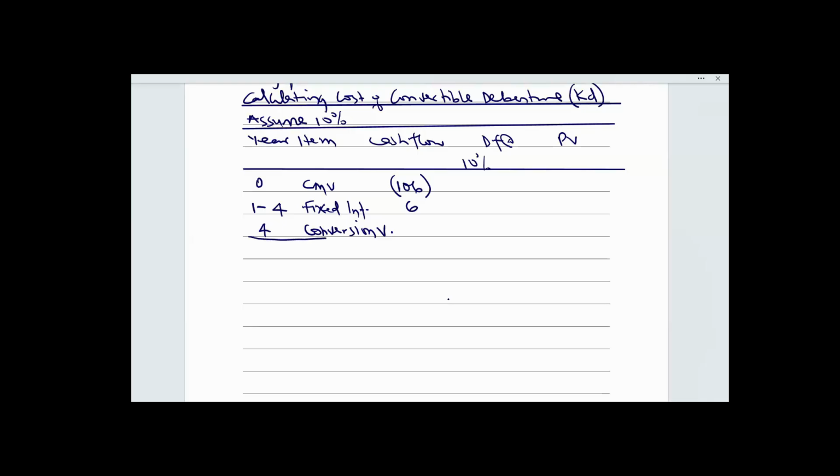So that's just the difference between redeemable debt and convertible security. It's the same thing. The only difference is that where you have redemption value, you change it to conversion value if conversion value is higher. That's all.